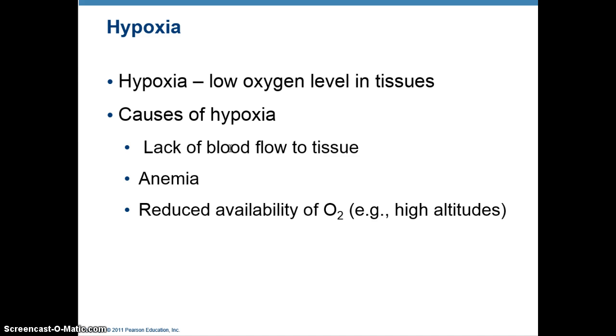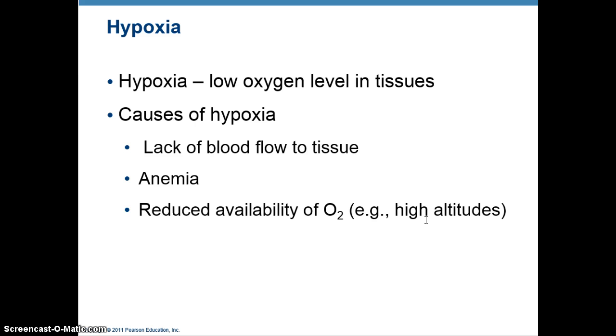cut off. So you lean over the back of a chair, with your arm over the back of a chair, and put pressure on your axillary artery, and then your arm falls asleep. That's hypoxia. Or you're climbing a mountain, you're at altitude, the air is thinner, there's nothing wrong with your blood, but there's just not as much oxygen available in the environment, so you are hypoxic even though there's nothing wrong with your blood.